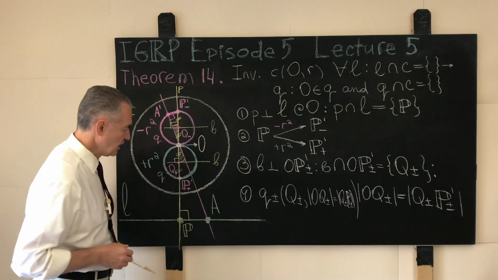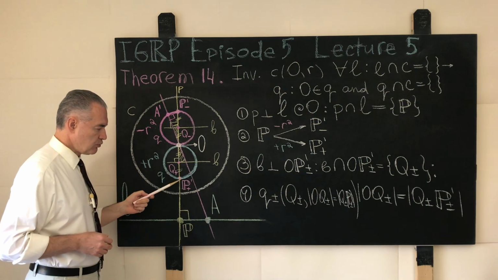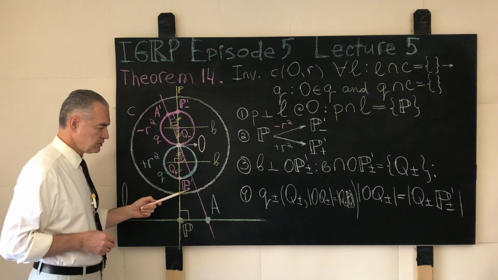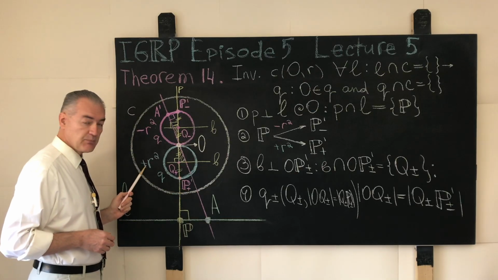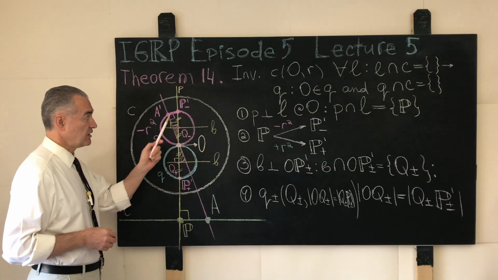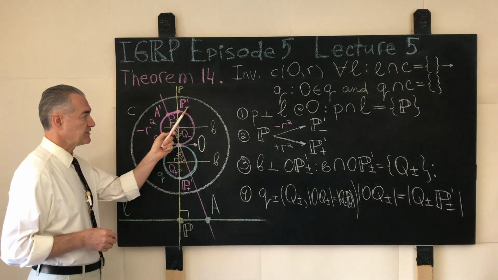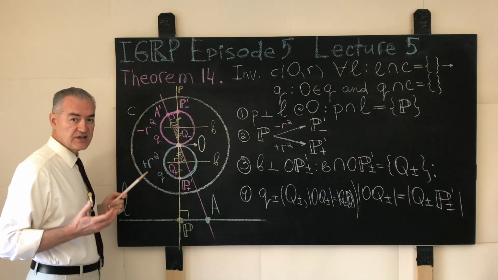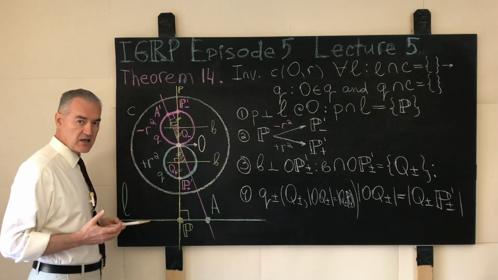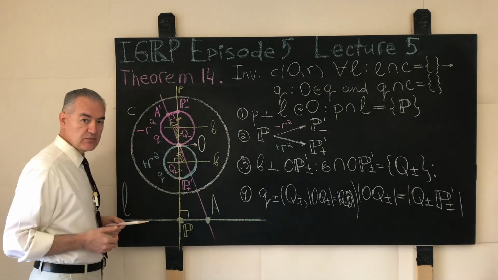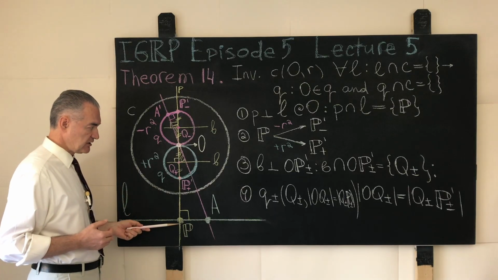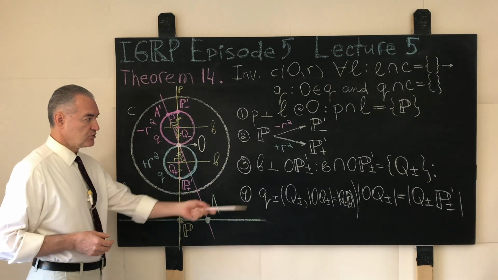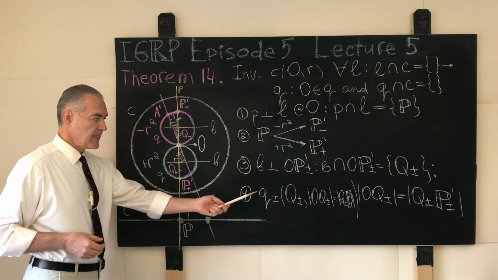Step number 3. Once we have our points P prime plus, in case when the power of inversion is positive, and P prime minus when the power of inversion is negative, essentially the game is over, because we have a diameter of the future image circle of the given straight line L, and now all we have to do is carry out the next step.